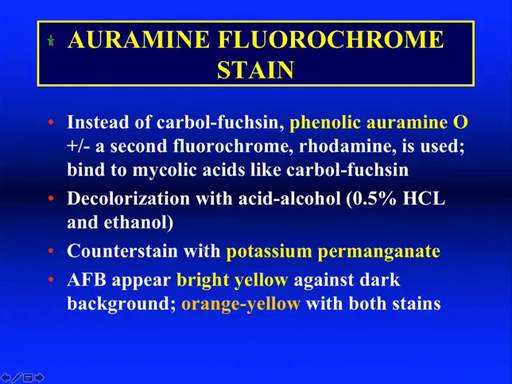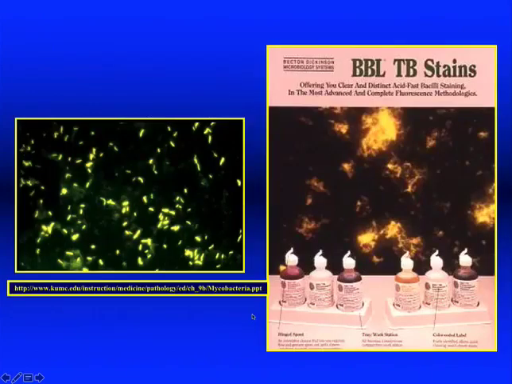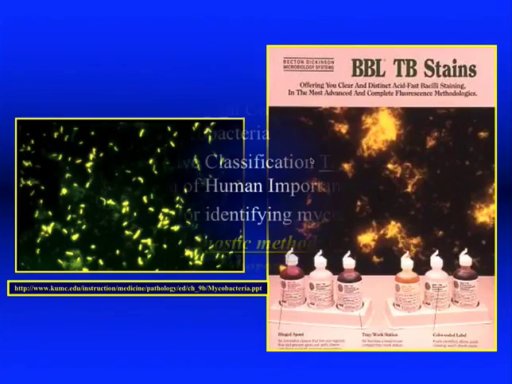Decolorize with acid alcohol, and the counterstain is permanganate, so that AFBs will be yellow if it is auramine, or orange yellow if it is auramine rhodamine, against a pitch black background from the permanganate. So yellow against black, and more often yellow orangish with the two stains against the black background. Those are used for screening.